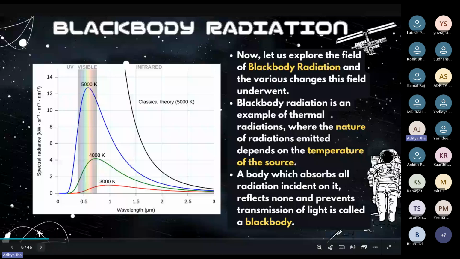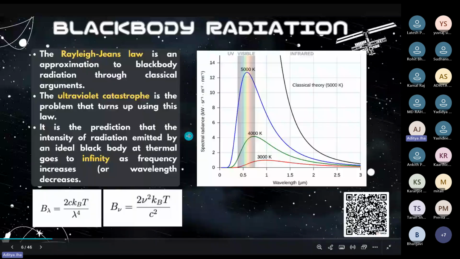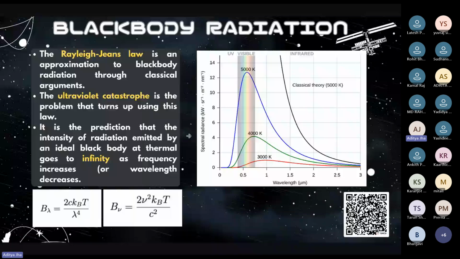In the start, people were trying to approximate how to calculate the black body radiation. The first way to do it was the Rayleigh-Jeans law, which was an approximation to black body radiation through classical arguments. But once it was done, a problem arose, which is known as the ultraviolet catastrophe.